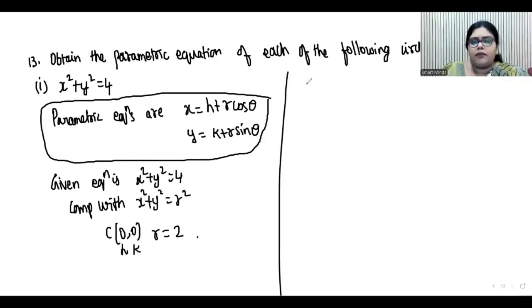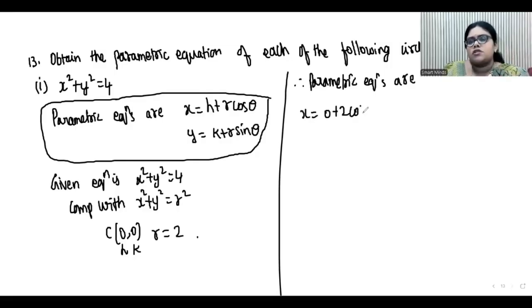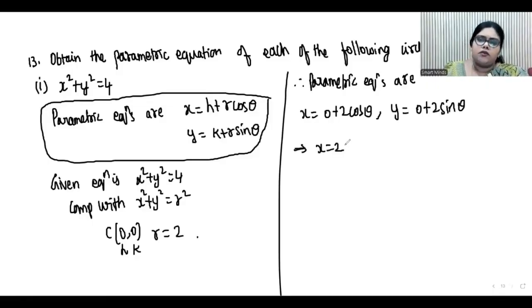Therefore, what are the parametric equations? Therefore, parametric equations are x is equal to 0 plus 2 cos theta, y is equal to 0 plus 2 sin theta. That means x is equal to 2 cos theta and y is equal to 2 sin theta. This is the final answer.